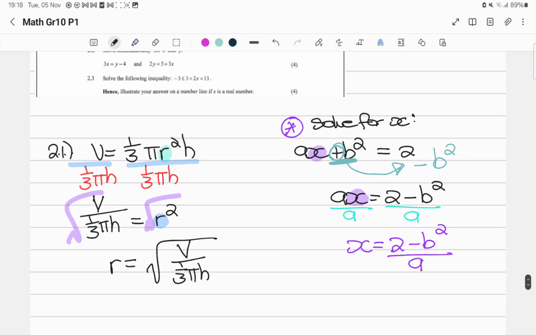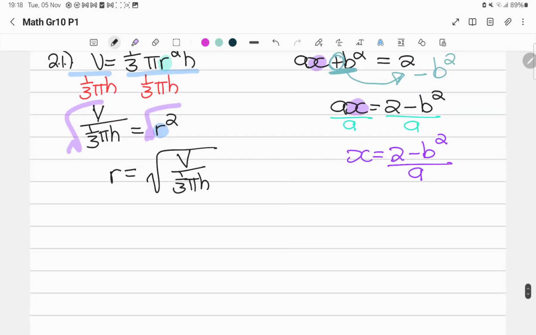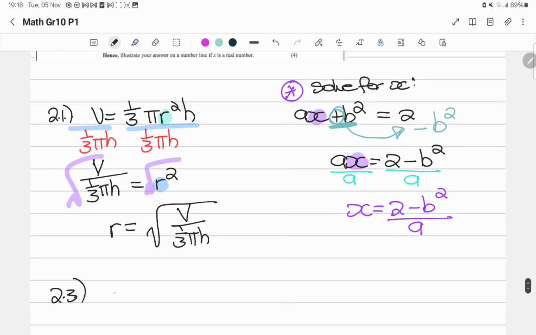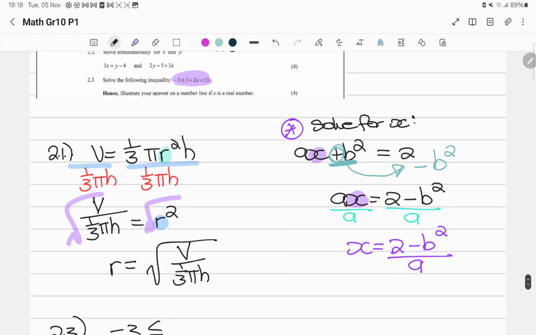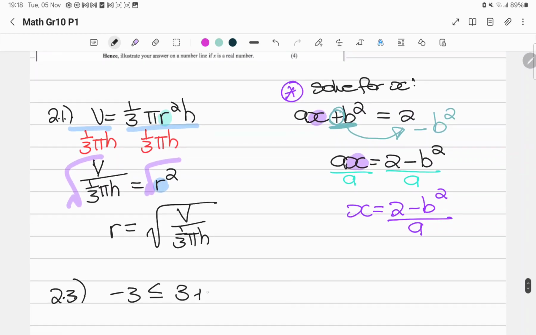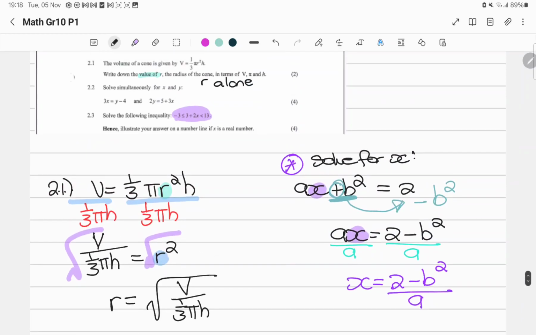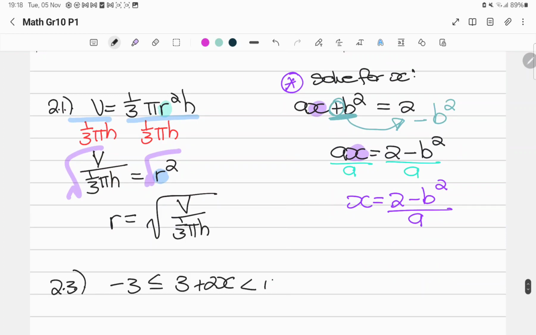And then I just want to look at an inequality, if an inequality maybe ends up looking like this one. Alright, so they gave us minus 3 less than or equal to 3 plus 2x less than 13. Now what do I need to do?